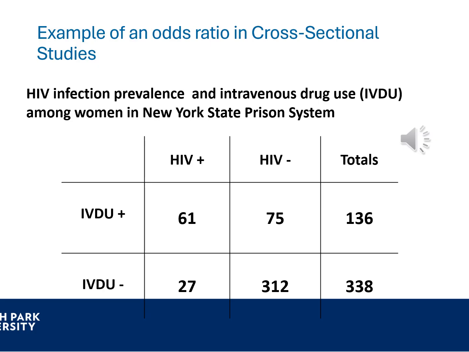So again, if we're going to interpret that, that's certainly much greater than 1. So there would be a very, very strong relationship between the risk factor of being an intravenous drug user and HIV status.